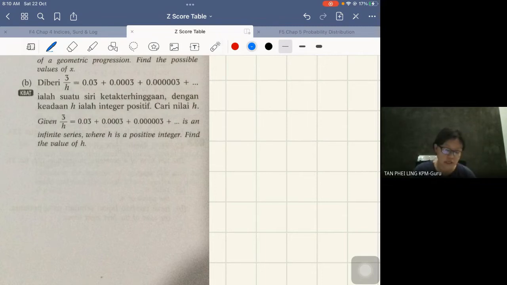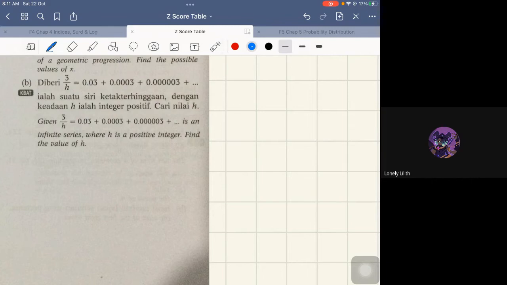Because you know that actually this 3 over h is 0.0303030303 like that. So they will ask you to find the value of h. H is a positive integer.